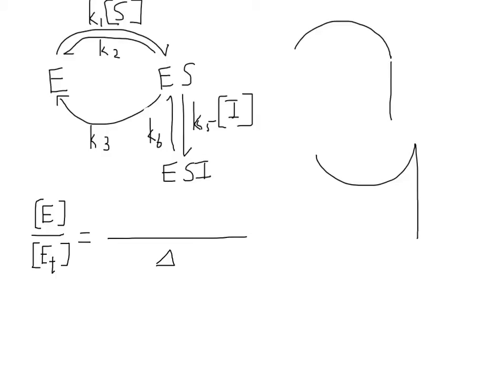And this time we're going to have three distribution equations because we have three different forms of the enzyme, E, ES, and ESI.